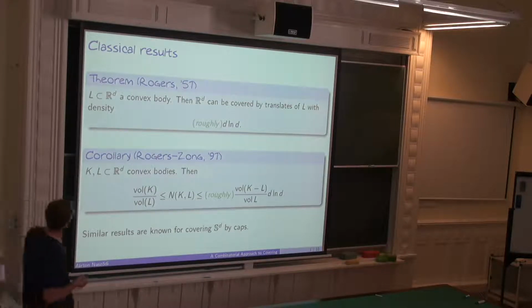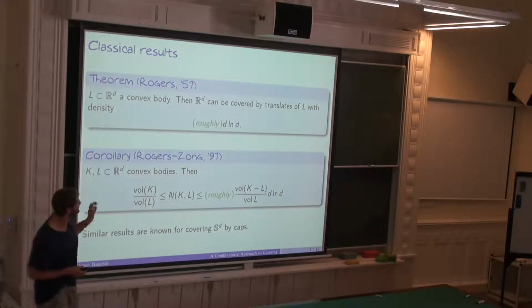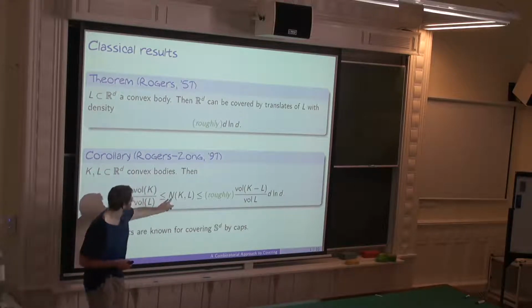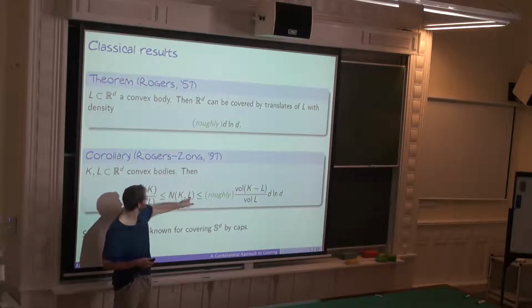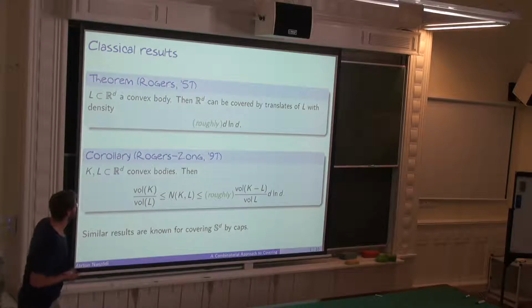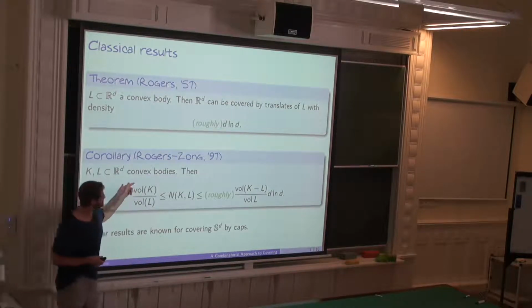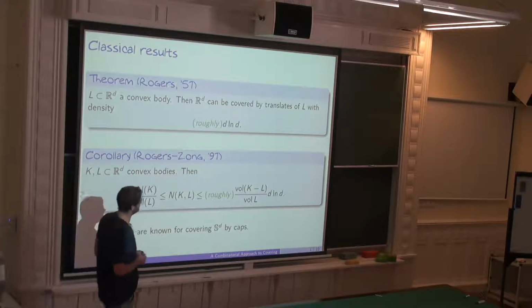Now, when you want to cover a particular convex body K by translates of L, then the covering number N is the minimum number of translates of L needed to cover K. Obviously, the ratio of the volumes is a lower bound, and a very simple averaging argument from the bound above gives this upper bound.